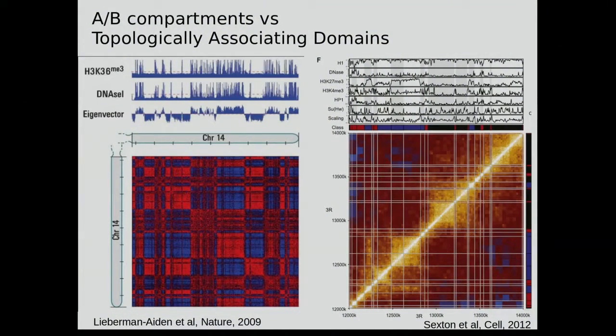They had about 1,000 of those in the genome, where they were confident that this is really a boundary in the topological sense. And we were wondering whether you can predict this, for example, from sequence. And in 85% of the cases, you can actually predict from sequence that this is going to be a topological boundary. Just sequence. I mean, if you add chromatin marks and proteins, then it goes up to 90%.